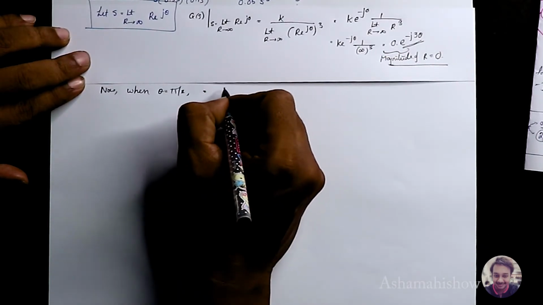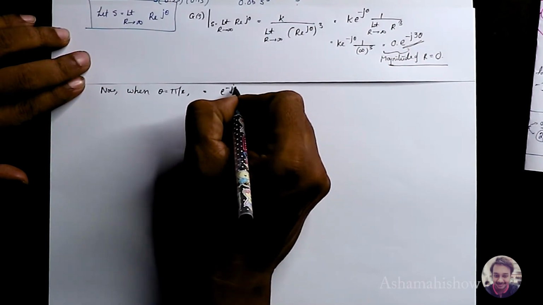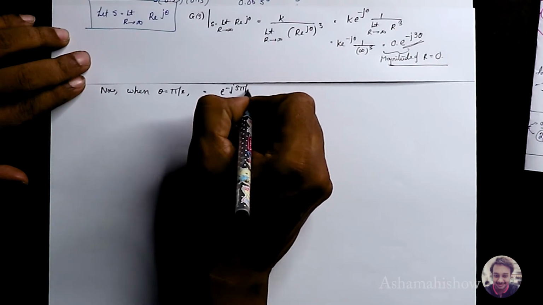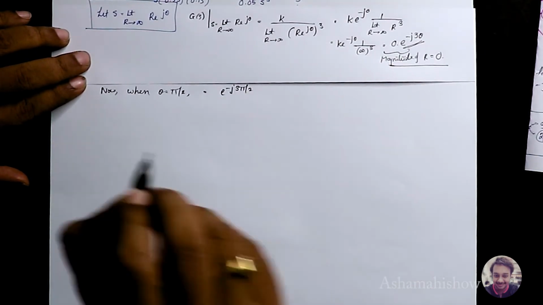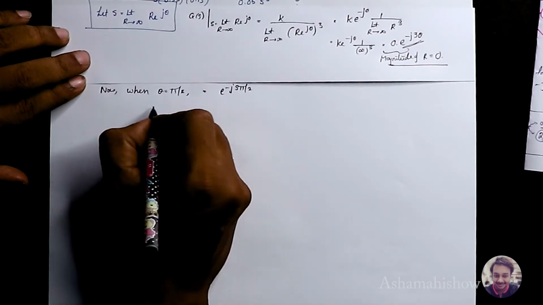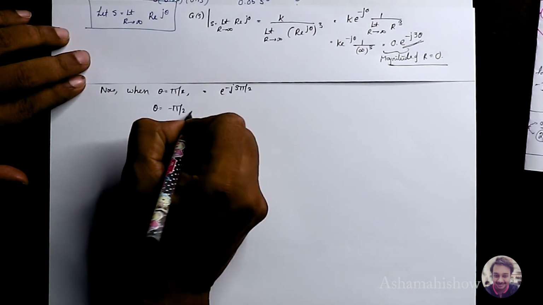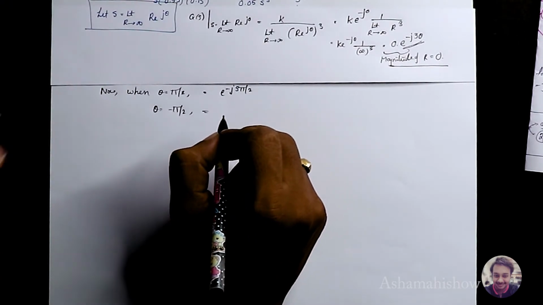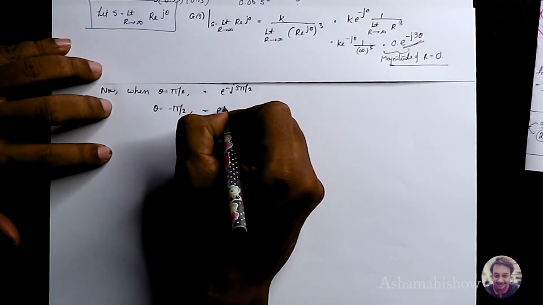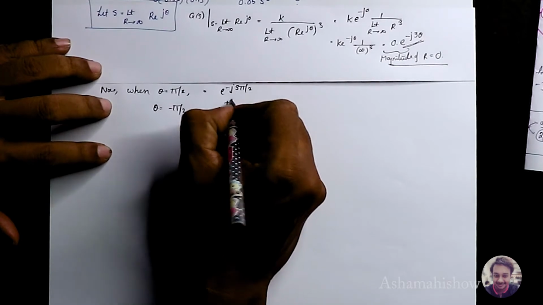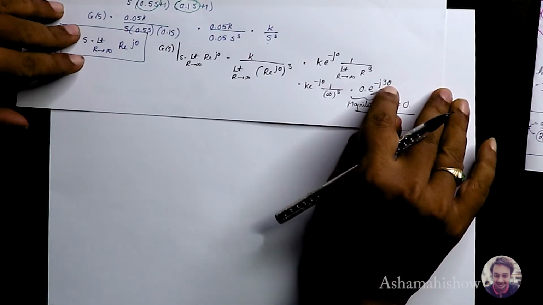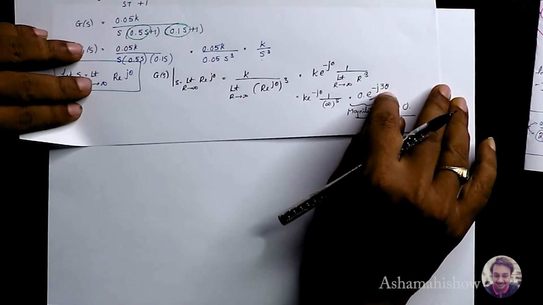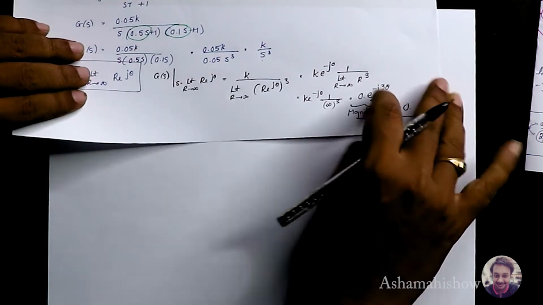What happens here? It becomes e power minus j 3 pi by 2. And when theta is equal to minus pi by 2, because your plot C2 will be varying from pi by 2 to minus pi by 2, this becomes e power plus j 3 pi by 2. I just substituted theta with pi by 2 and minus pi by 2, right?